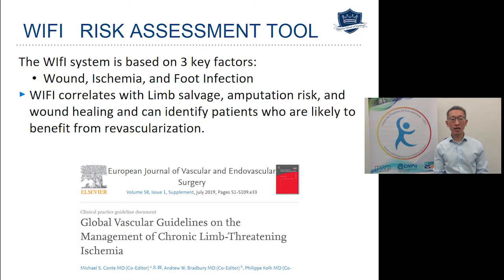More recently, the vascular societies across the globe, whether European or in the United States, promote the WIfI risk assessment tool. WIfI stands for wound, ischemia, and foot infection, because those are the 3 parameters that we evaluate using this tool.